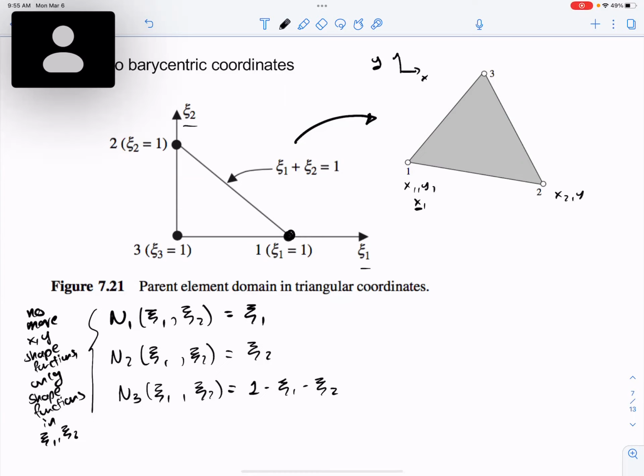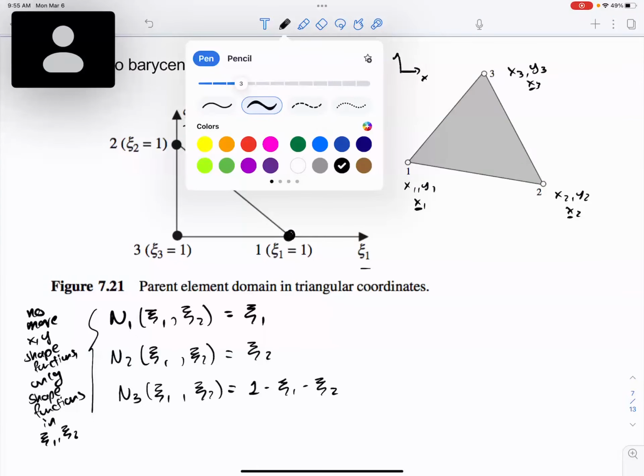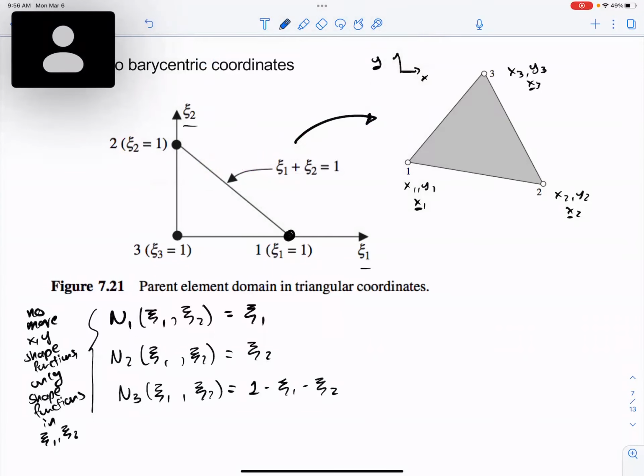This one has x2, y2, which I'm going to call x2 vector. And this one has x3 and y3, which I'm going to call x3 vector. Additionally, we might have some nodal values, such as the temperature: theta 1, theta 2, and theta 3.